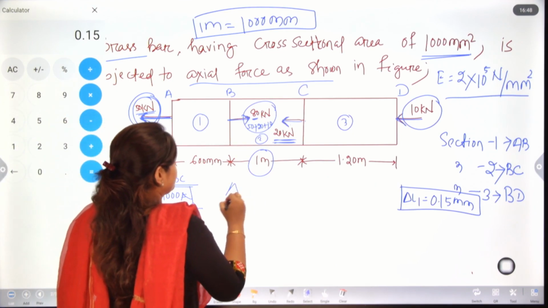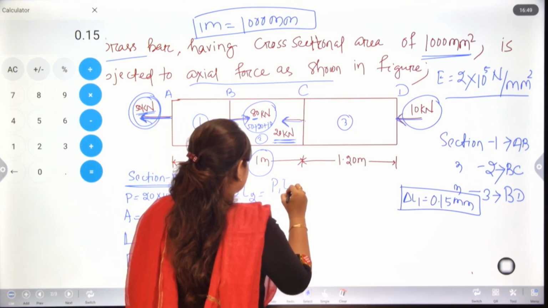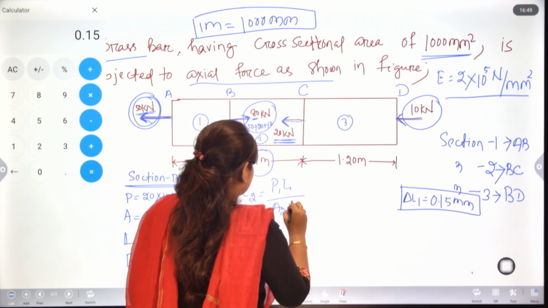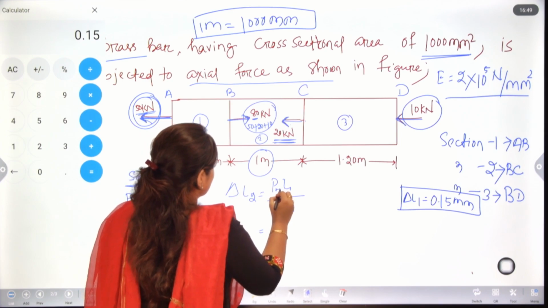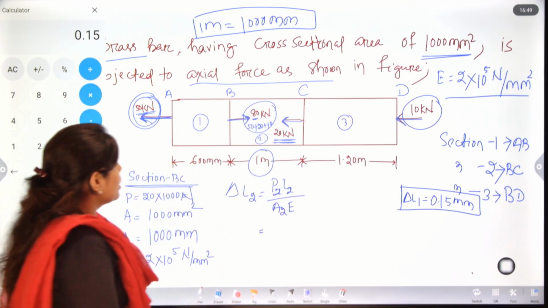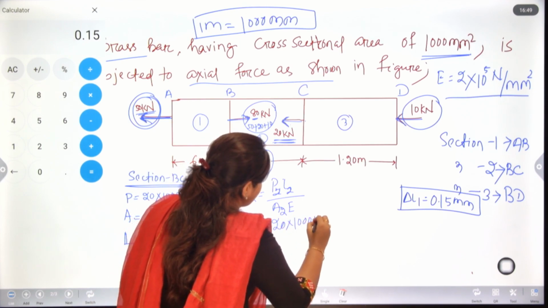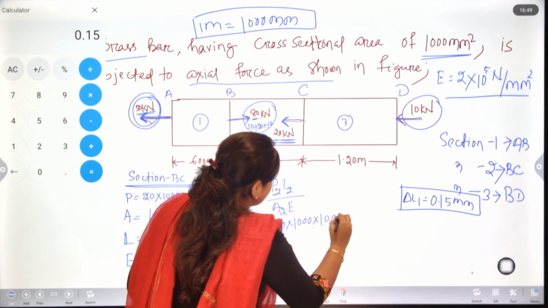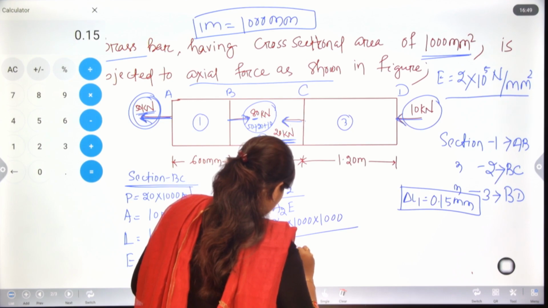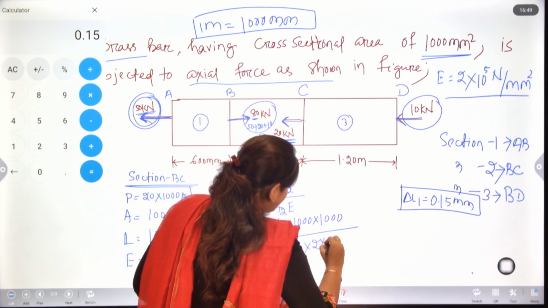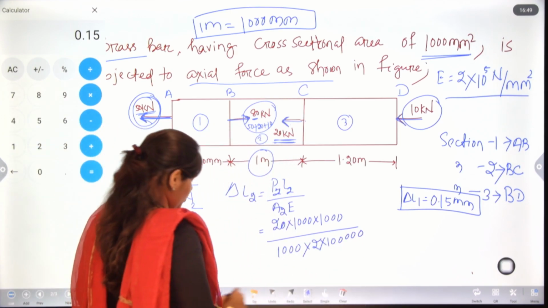Now putting the values for del L2, P2 L2 upon A2 E: P2 is 20 multiplied by 1000, L2 is 1000, and the area is 1000 into 2 into 10 to the power 5.